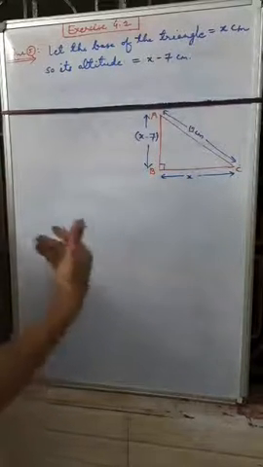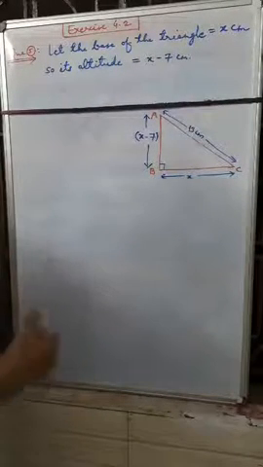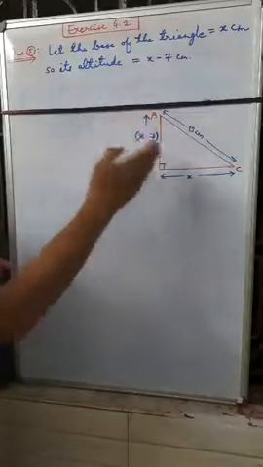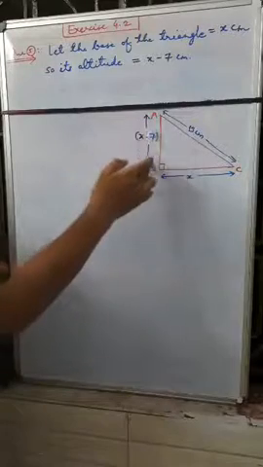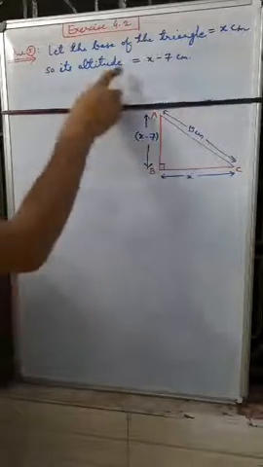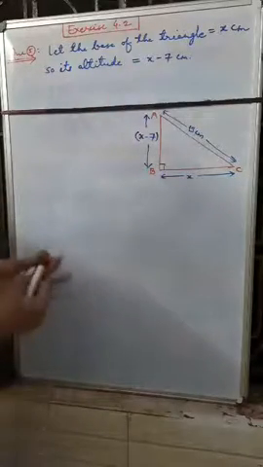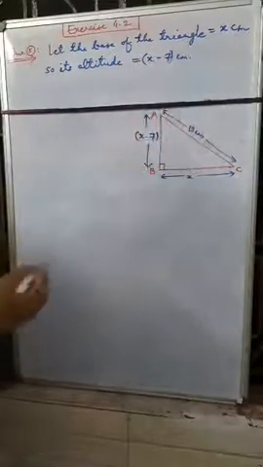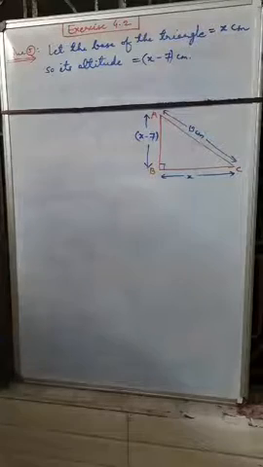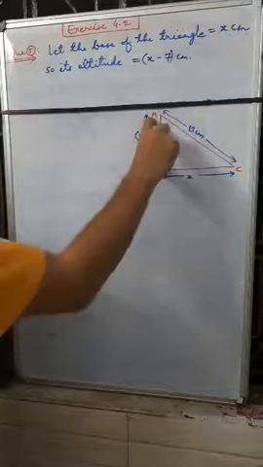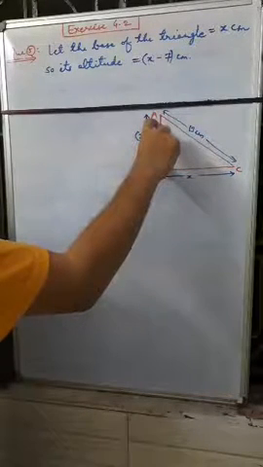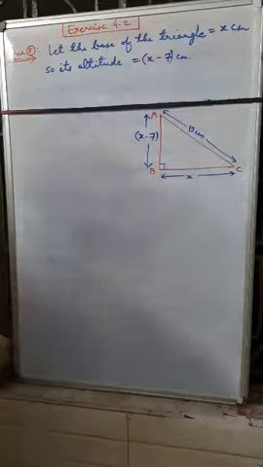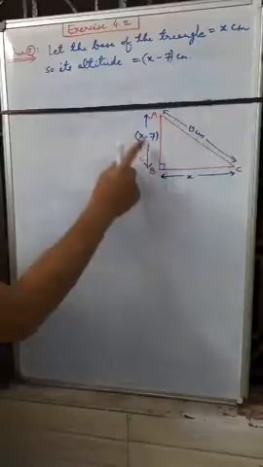The altitude is 7 centimeter less than the base, so altitude is equal to x minus 7 centimeter, and hypotenuse is given as 13 centimeter. We need to find the length of altitude or perpendicular and base x. So we need to find the value of x.